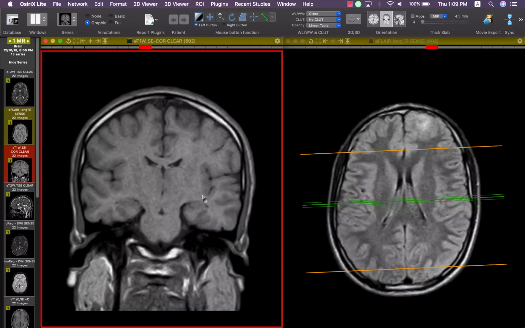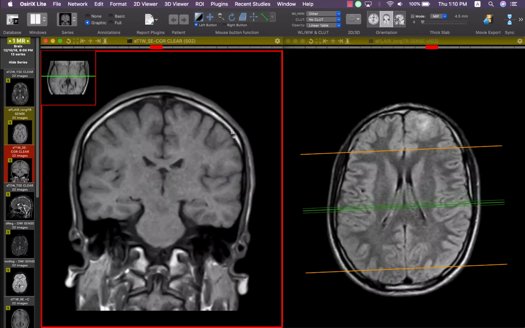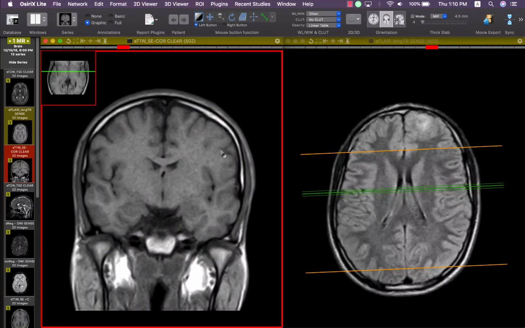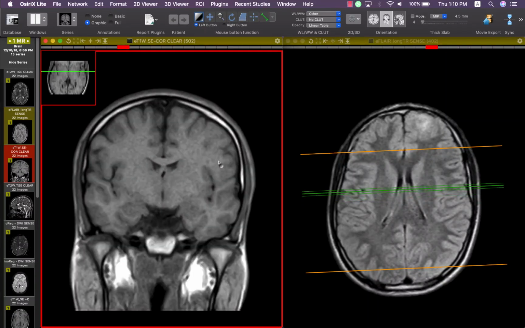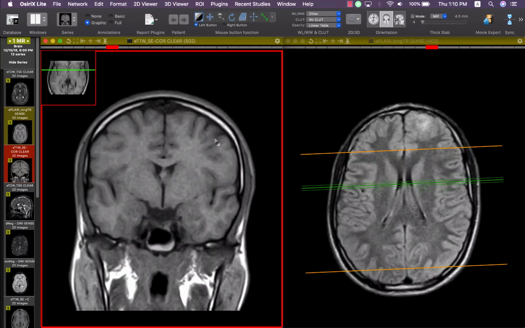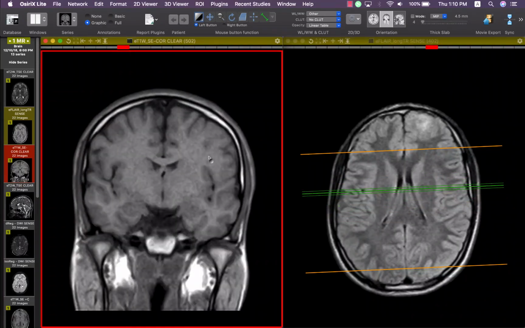We should compare both sides to show if there is asymmetry in the hippocampus, asymmetry in the temporal horn of the lateral ventricle, if there is an area of abnormal signal in the temporal lobe, or if there is a space occupying lesion. This is the most important thing in a case of epilepsy. You should look at the temporal lobe.